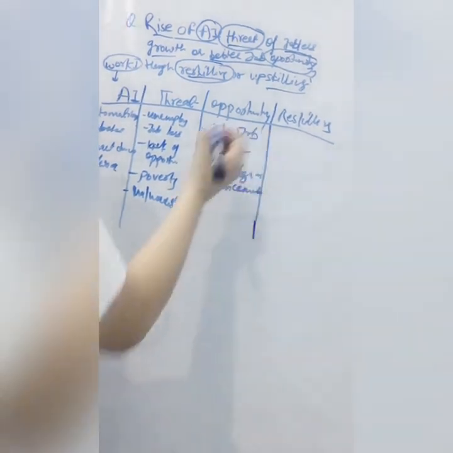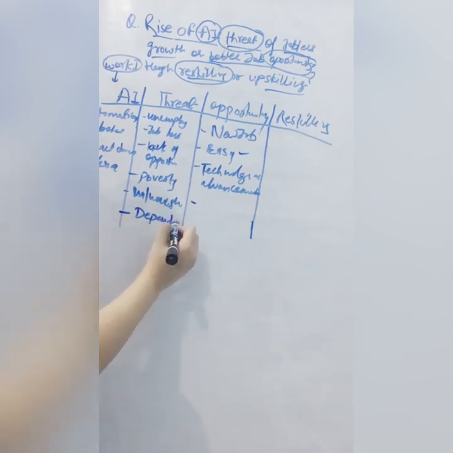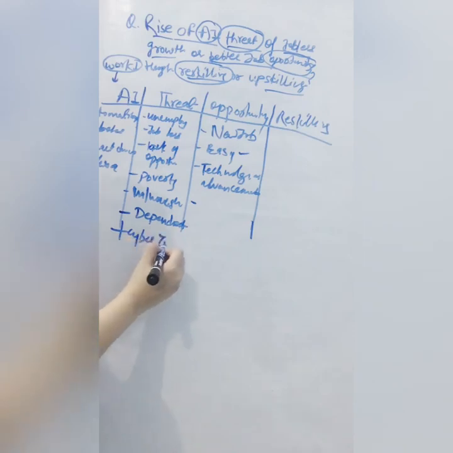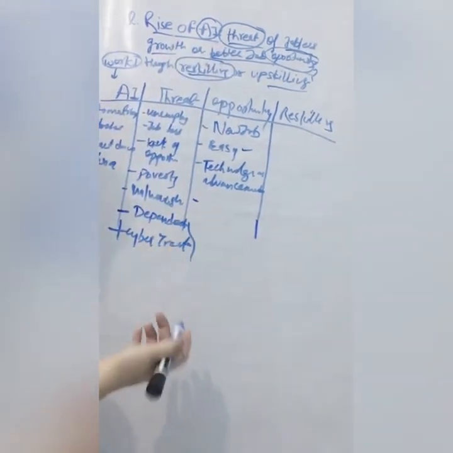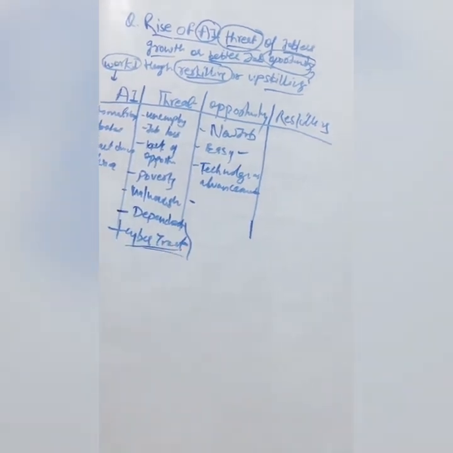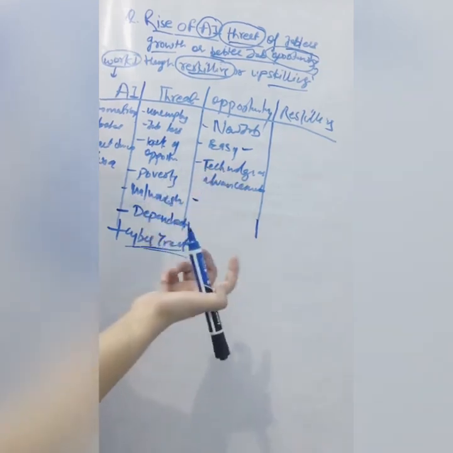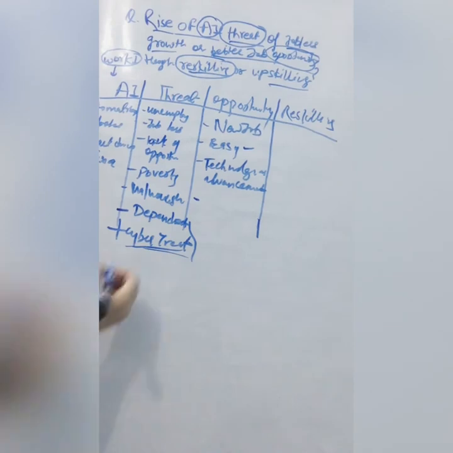Now one more threat is that we will be dependent on technology. And there is one more threat, cyber threat. Suppose there is a cyber attack on your digital technology, the whole city will be stopped. Suppose there is a city run by artificial intelligence, everything is digital there. So what will happen? There is a lot of cyber security threat in that area. Anybody can attack if you don't have good cyber security infrastructure. So there is a threat from the rise of artificial intelligence.